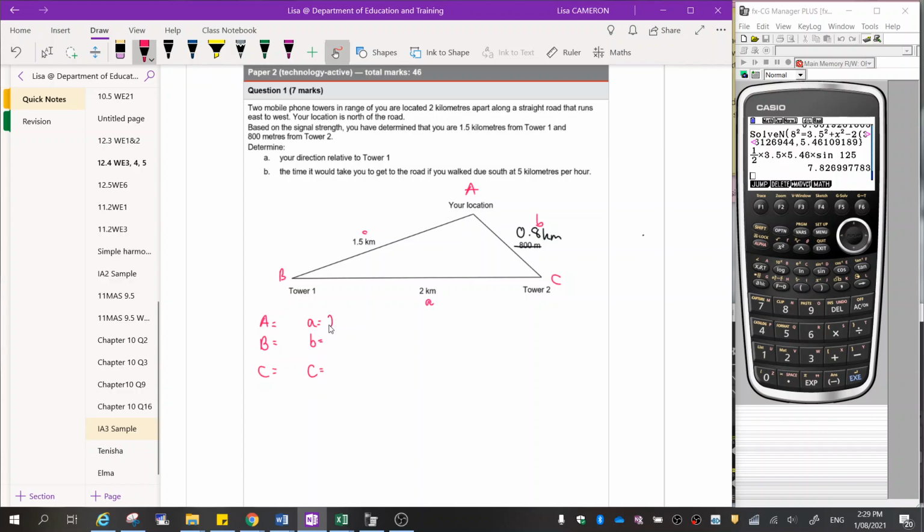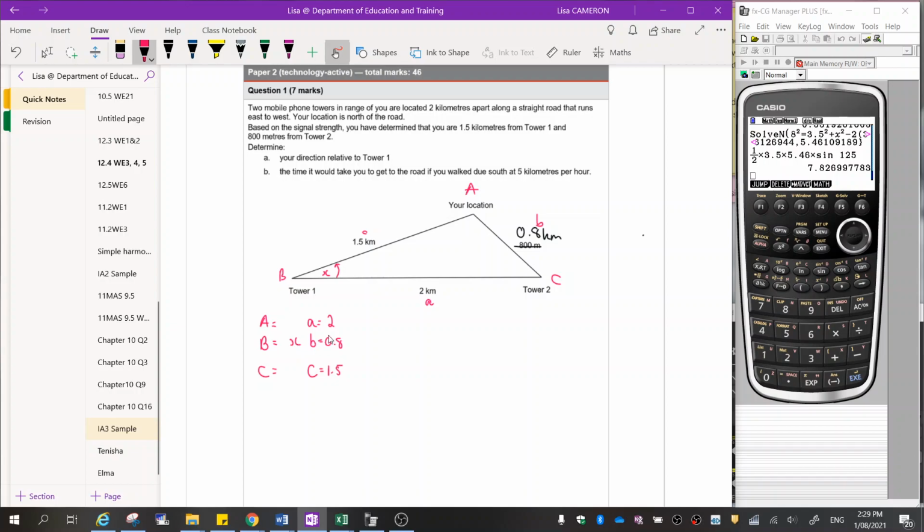Little a is 2 kilometres, little c is 1.5, b is 0.8. Now, if we want our direction relative to Tower 1, it means like you're at Tower 1, what is the bearing that you would need to get back up there? So we want to find this angle in here.